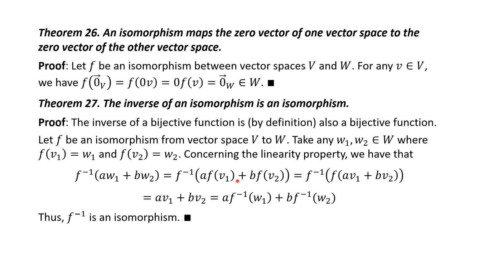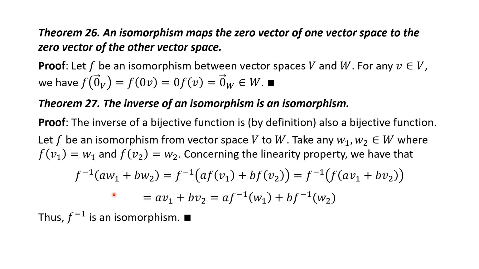And then I should have said from the linearity property we go to this step here, because this is equal to this from the linearity property. So I misspoke on the initial step here. And then F inverse of F is just the argument of this in here, so that gives us a v1 plus b v2.